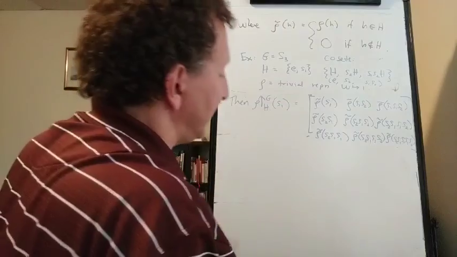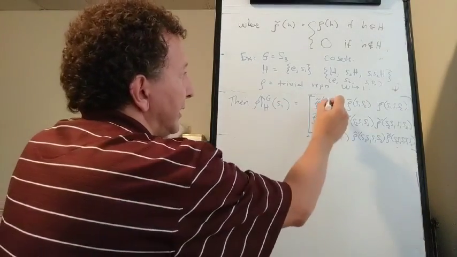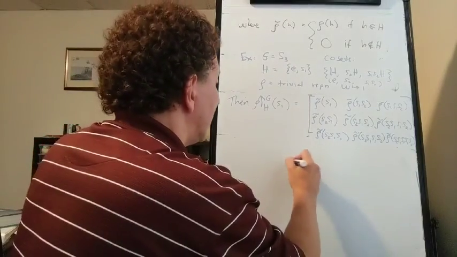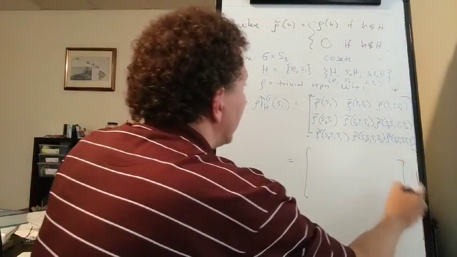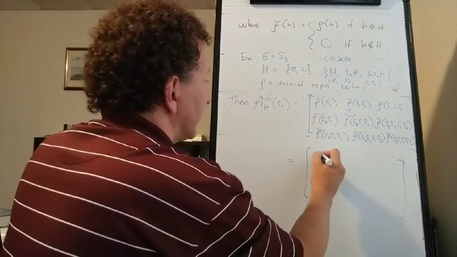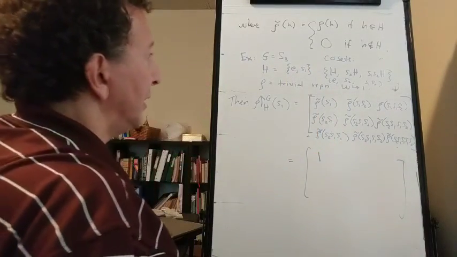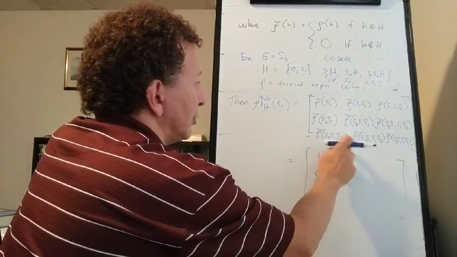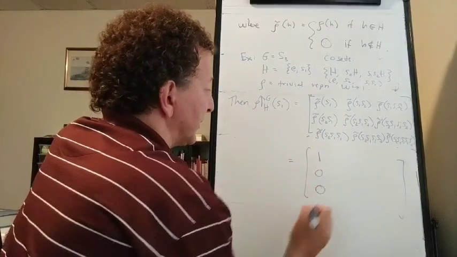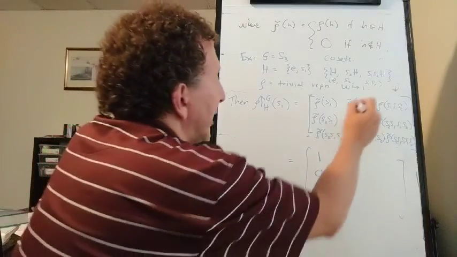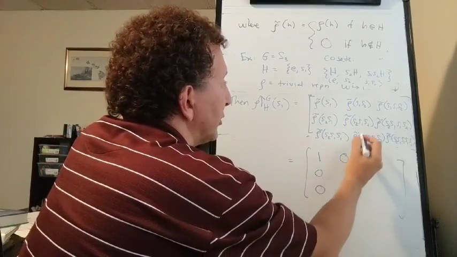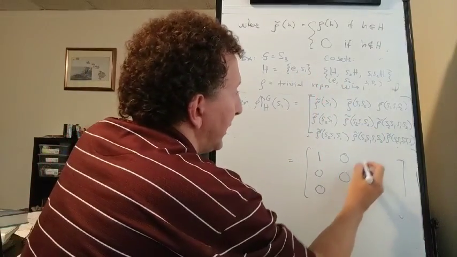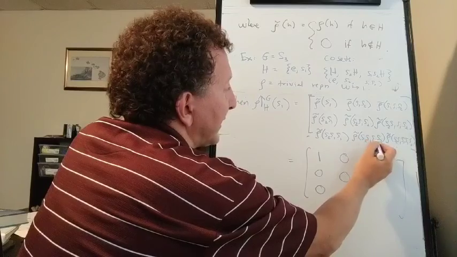All right, now each of these blocks is either going to be 1 if what's inside the parentheses belongs to the subgroup, or it's going to be 0 if it doesn't. So s1 certainly belongs to the subgroup, so the trivial representation maps it to 1. s2 s1 does not, and this is s2. That does not belong there, so we just get 0. And then in the second column, s1s2 does not belong to the subgroup. s2 s1 s2 does not belong to the subgroup. s1s cancel, s2s cancel.